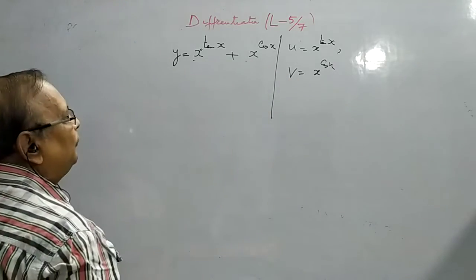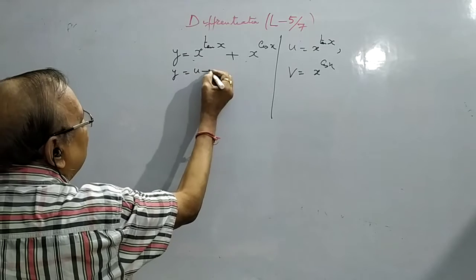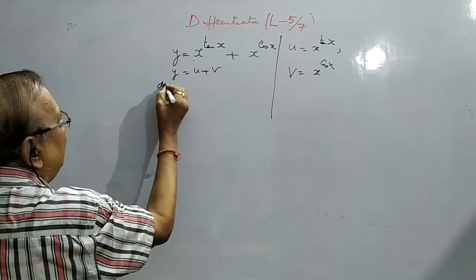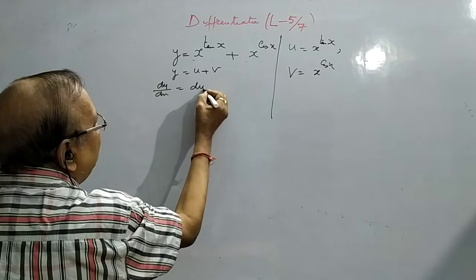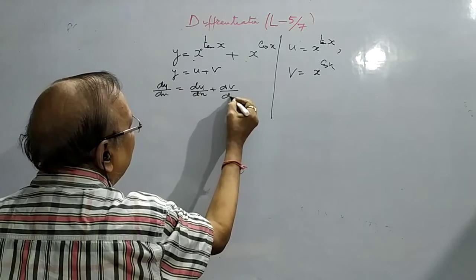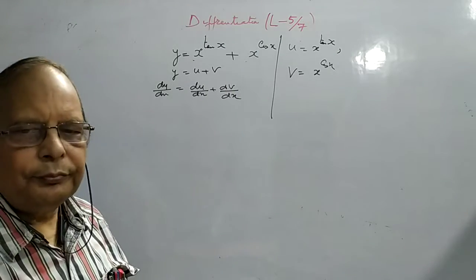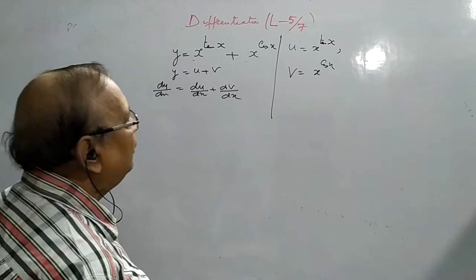Now y is equal to u plus v. What we get? dy by dx is equal to du by dx plus dv by dx. In that case, what is to be done?